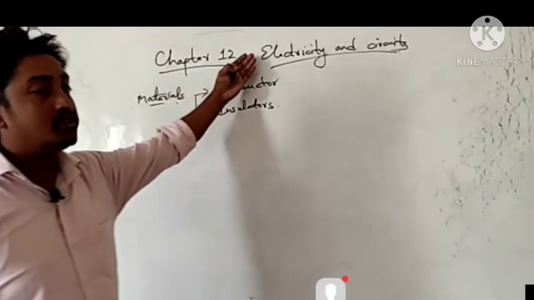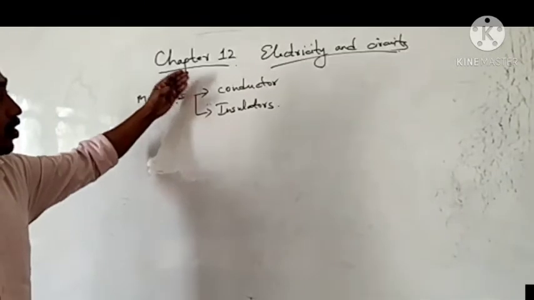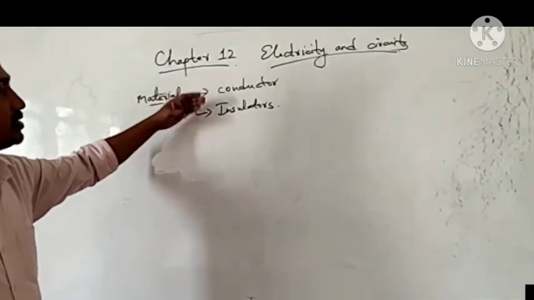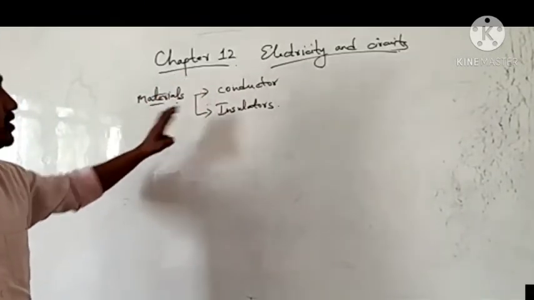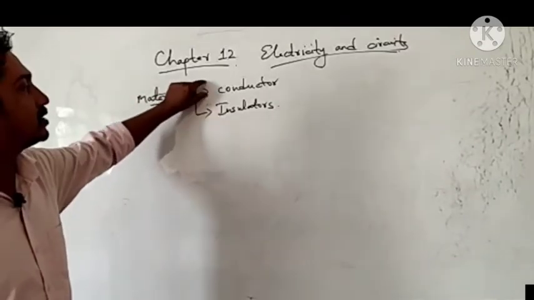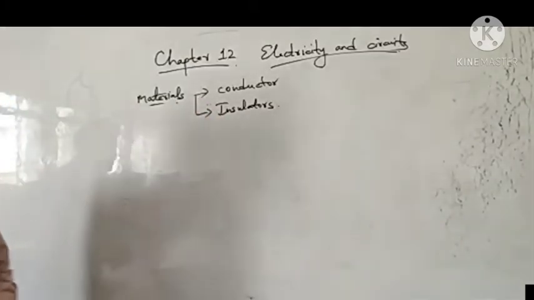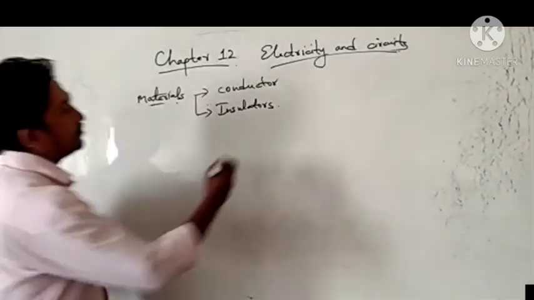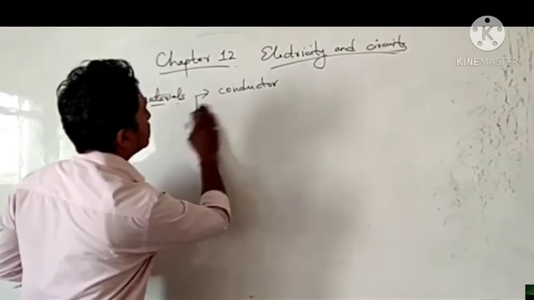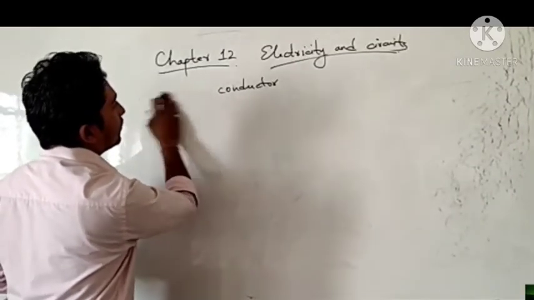Because we are talking about electricity, and we will also define what we mean by conductors and what we mean by insulators. But basically we use these two terms, the conductors and insulators. So let's first talk about conductors.